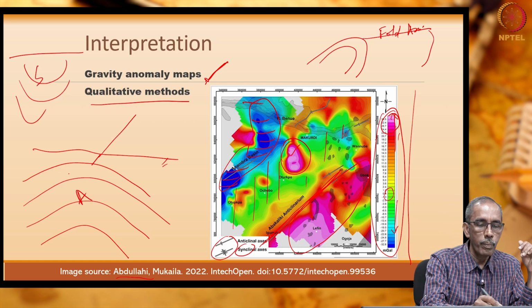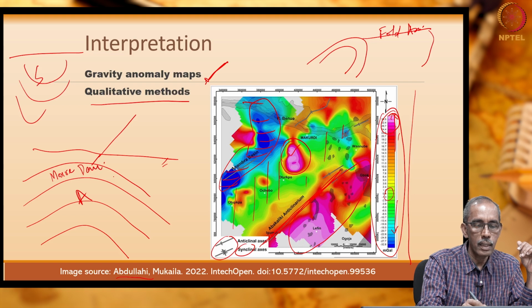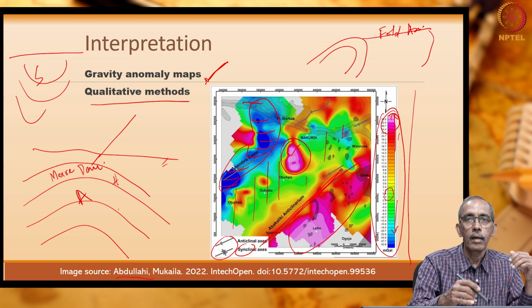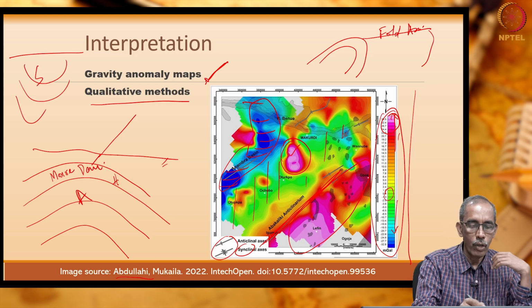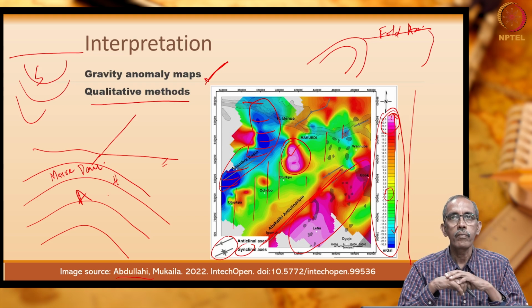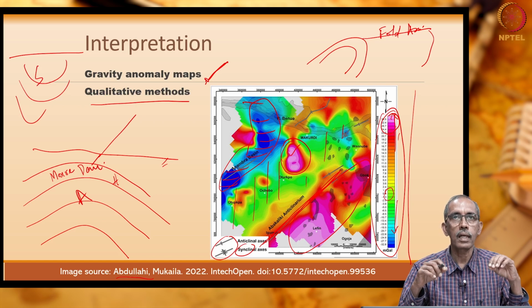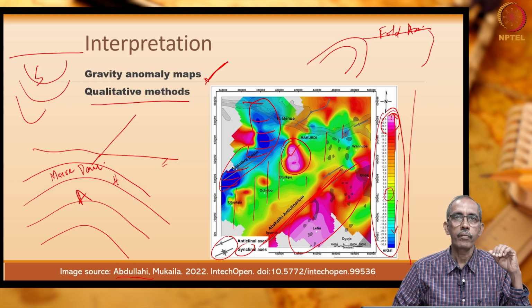Probably the topmost rock here is much denser, the density is high compared to the formation just below it. So, this is how we try to decipher the formations as well as major structures by looking at the gravity anomaly maps.